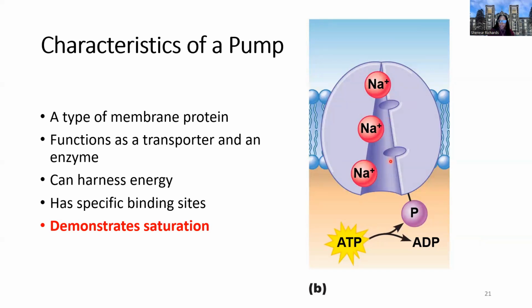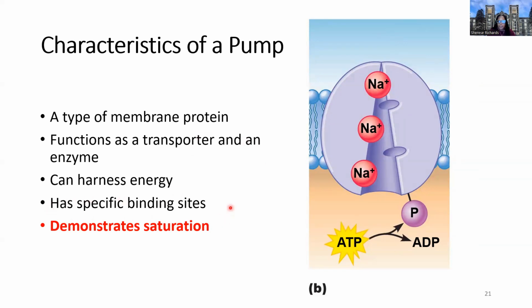The enzyme portion of this pump is that it can catalyze the energy to make that movement by way of breaking down ATP. So it can break down the phosphate bond on ADP, liberate that phosphate, which has the energy in that third phosphate bond, and use that energy to move particles actively. So being a pump, it can harness that energy from ATP.